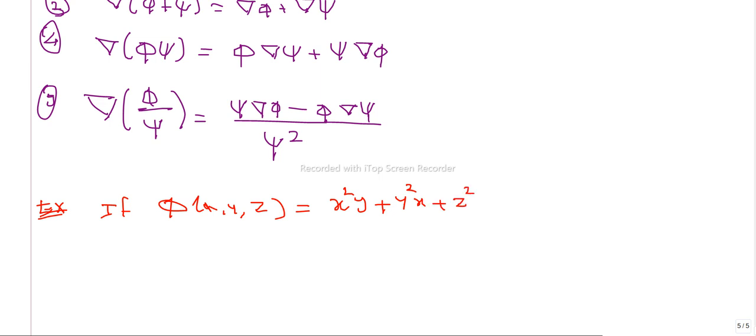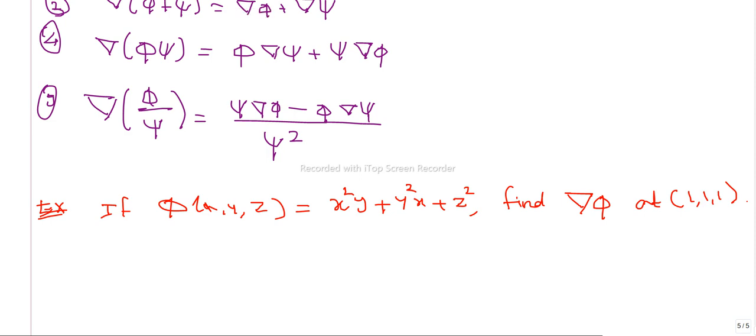This is a scalar point function. There is no i, j, k here, this is just a magnitude with no direction, therefore it is a scalar point function. Find del π at the point (1, 1, 1).